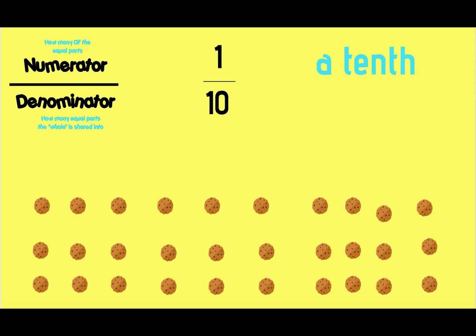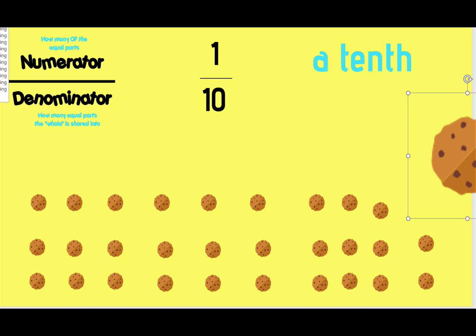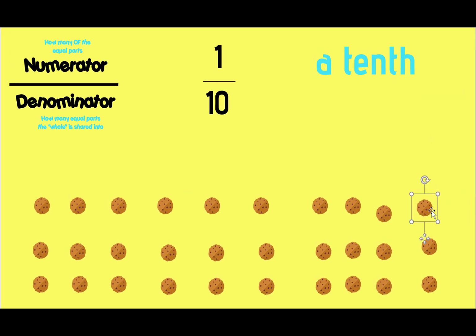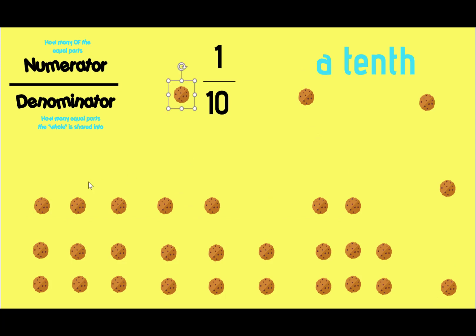So looking at a set of objects, we want to find 10 equal groups. So you could do what we've been doing earlier and separate them. Let's find 10 groups. So we're going to have to find some spaces, 1, 2, 3, 4, 5. This can be harder when you're doing tens because we need to find space for 10 cookies.